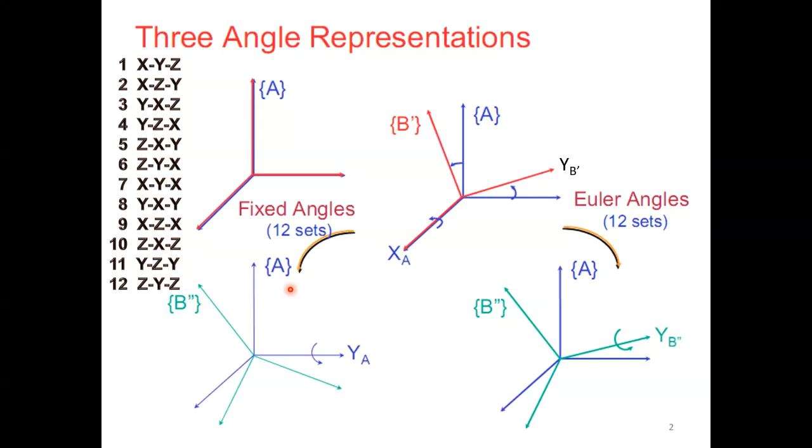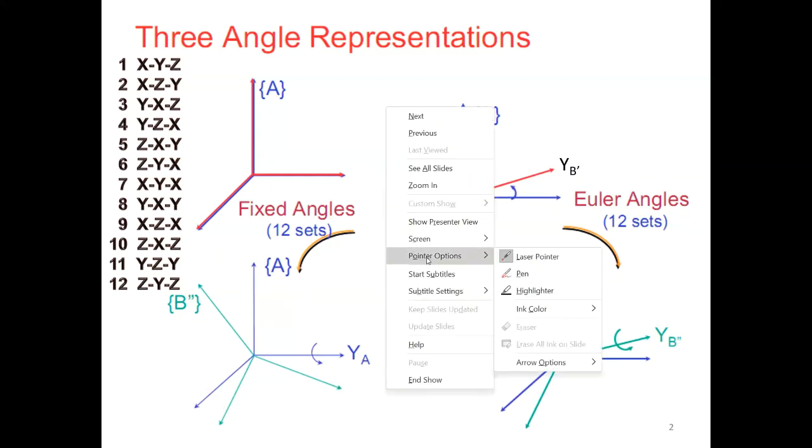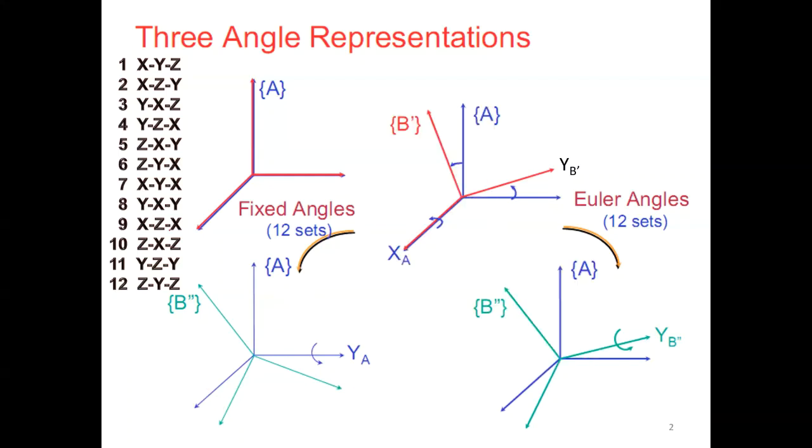Therefore, there should be some sort of convention that when we define roll, pitch, yaw or the three angles, we select one of these 12. Usually, most books and research papers that you refer to use ZYX. I don't know why. Maybe it is right in the middle. Democratically selected.